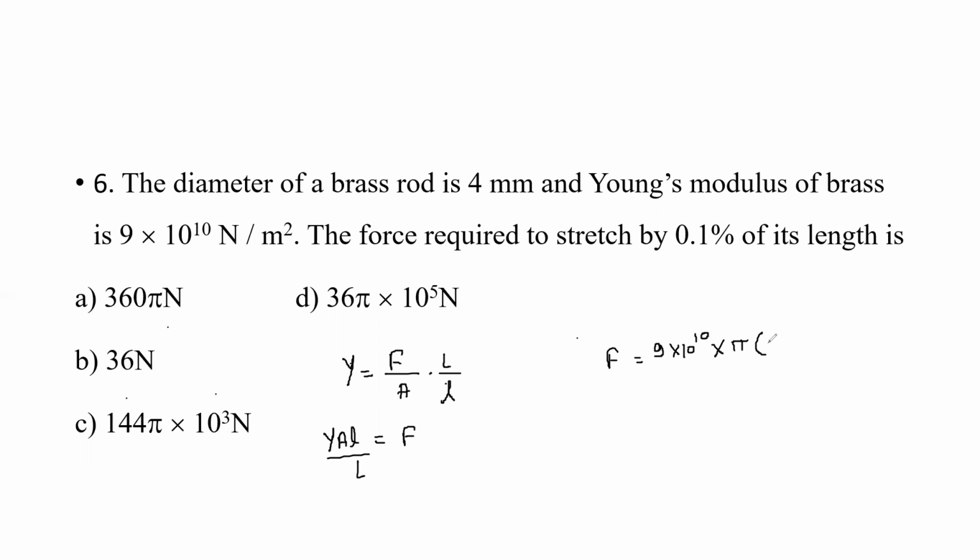The diameter is given, so the radius will be half of that: 2 into 10 raised to minus 3, whole square, into the length ratio. The change is 0.1%, which is written as 0.001. Simplifying this, we get 360 pi Newton.